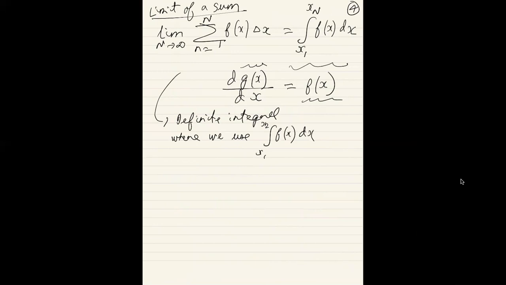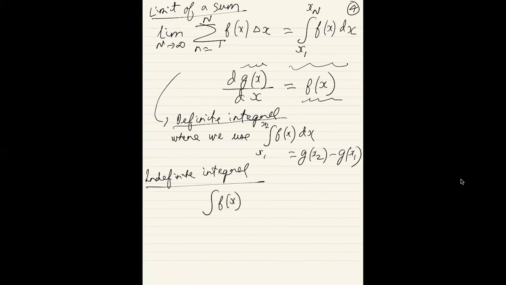If you could figure out what g of x is, then this would be g of x2 minus g of x1. We also will see lots of indefinite integrals, where you won't have these limits. You will leave the limit up to the user who wants to work with this. And then in this case, it will be g of x plus some constant c. And we will be seeing examples of both.